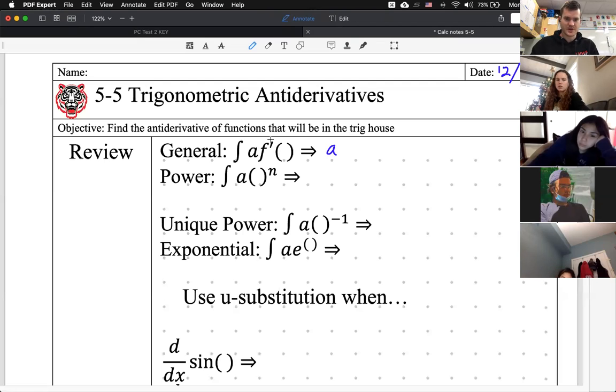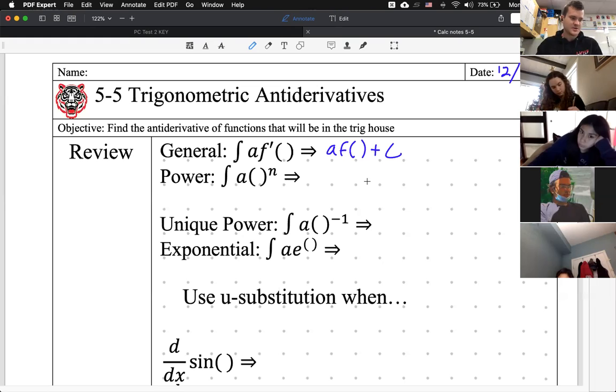If I take the derivative again, I get another prime, but if I'm going backwards versus forwards, they cancel each other out. And then don't forget your plus C.